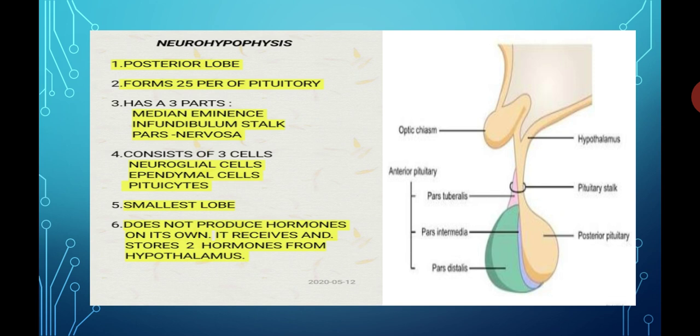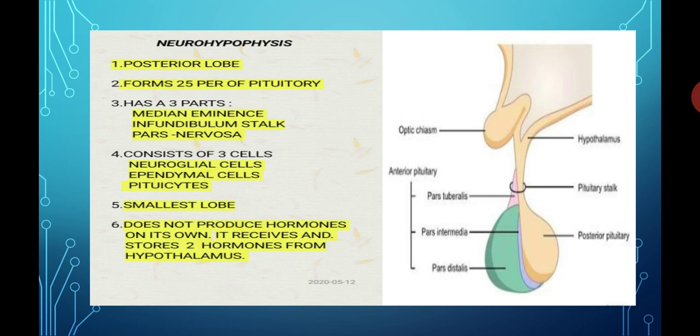I repeat the points. Neurohypophysis is the posterior lobe of a pituitary gland. It is the smallest lobe of a pituitary gland. It forms 25% of a pituitary gland. It has three parts: median eminence, infundibulum stalk and pars nervosa. Histologically, it also consists of three types of cells: neurogilial cell, ependymal cell and pituicyte.